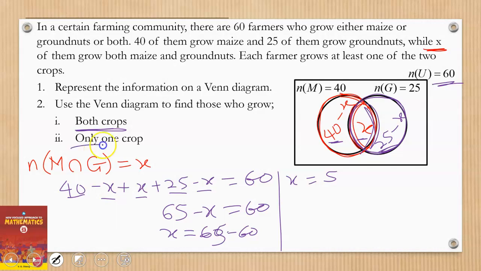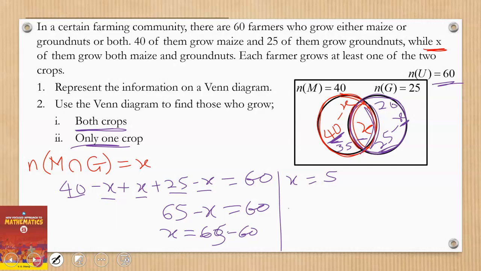Then question 2, Roman numeral 2 says only one crop. Only one crop means that if I take away X from this part, I have 35. And if I take away X from this part too, I have 20. Those who grow only maize are 35. Those who grow only groundnut are 20.